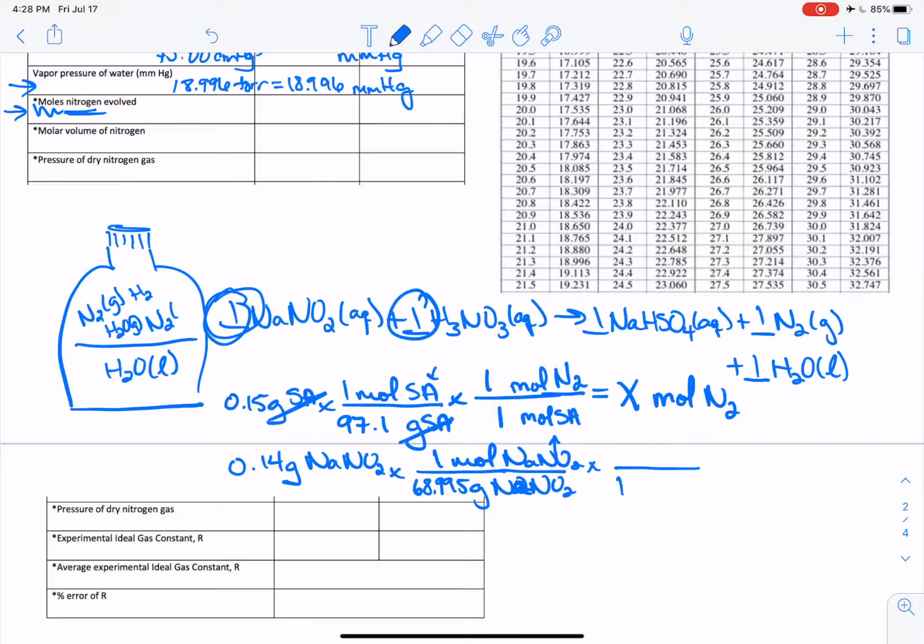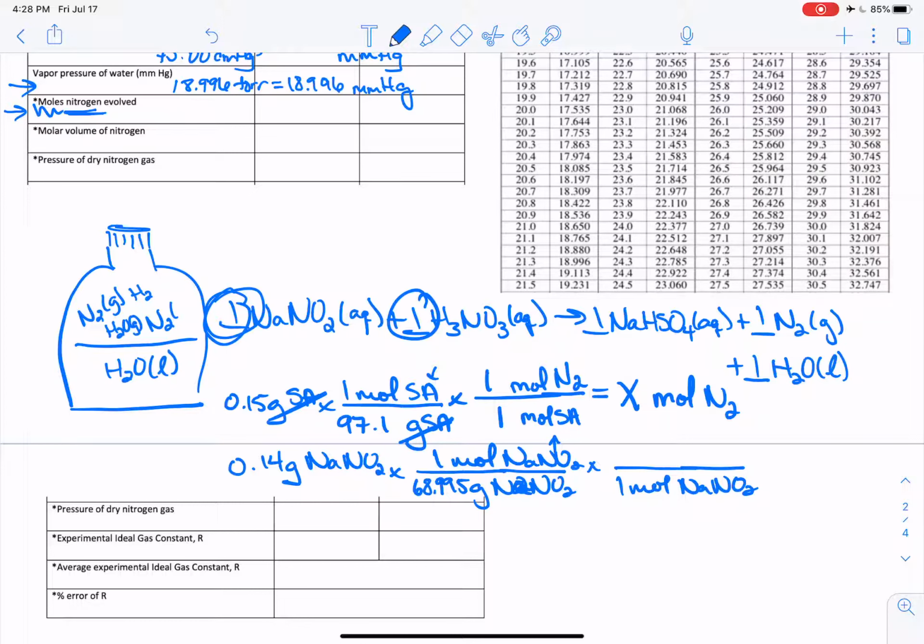And then, like I said, we're going to use the coefficient, that 1 mole of sodium nitrite, down there. We're going to say for every 1 mole of sodium nitrite that we consume in this reaction, how many moles of nitrogen gas do we produce? And that's 1. We've got those coefficients, 1 and 1, right off the balanced equation.